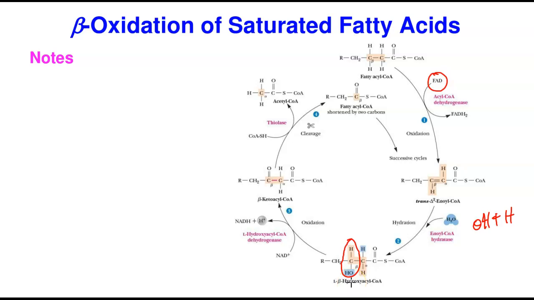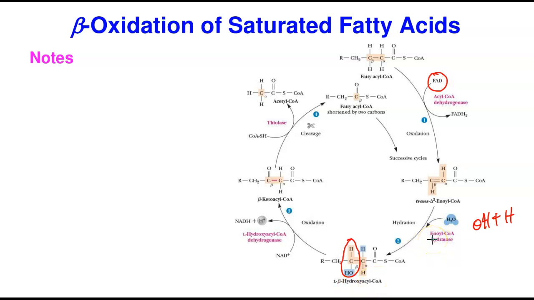Now, this intermediate is of the L configuration, but that is not so important in our emphasis here. What matters is that the hydroxy group is attached at the beta carbon, and the enzyme that does this is the hydratase.